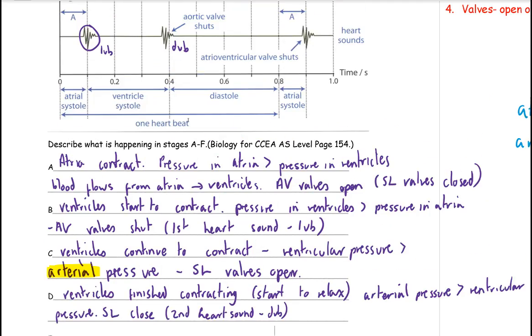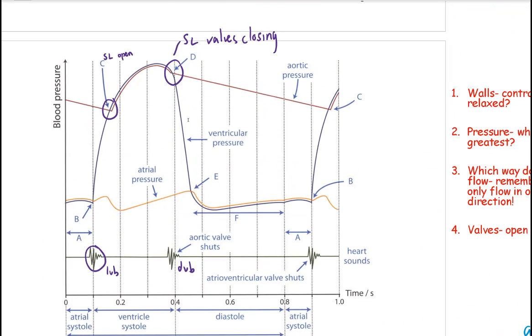Now we go back up here, and because everybody knows their alphabet, after D comes E, and at E we can see more lines crossing over, and this is the AV valves open. Now just for completeness, this was the AV closed, and this is the AV valves open.